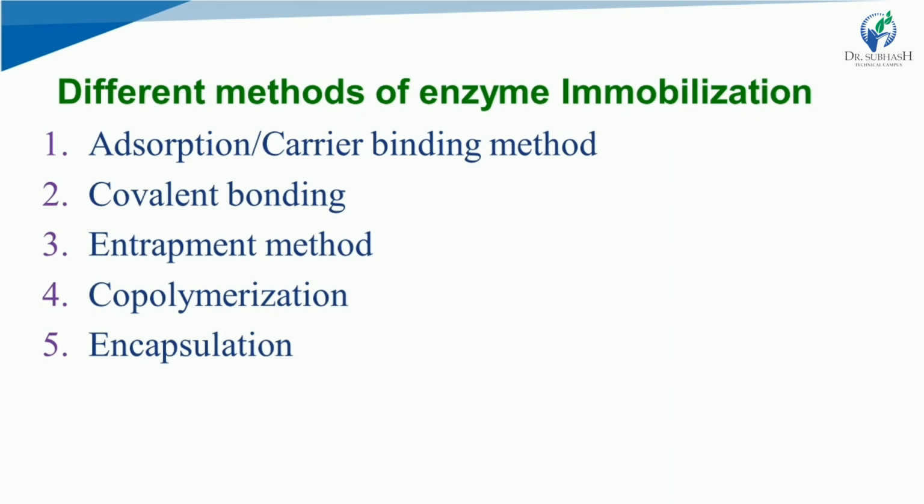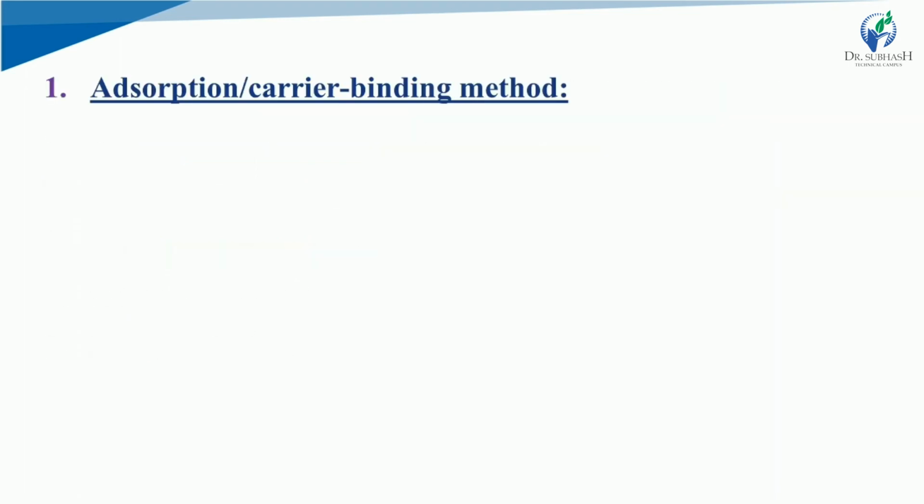In this lecture, I am going to cover only the first two, that is adsorption carrier binding method and covalent bonding. Make sure you look at the continuing lecture, lecture number 4, for the other three. There are 5 types: adsorption, covalent bonding, entrapment method, copolymerization, and encapsulation. We will see them one by one.